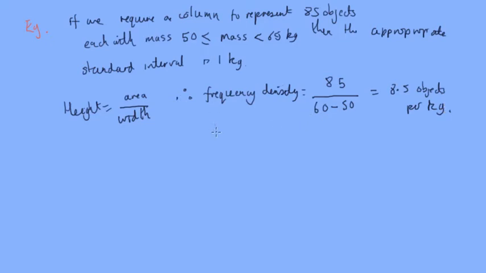You could do this in grams as well, where if you changed kilograms into grams, you'd have a frequency density of 0.0085 objects per gram, and you would choose units depending on what is going to be the most practical for you.